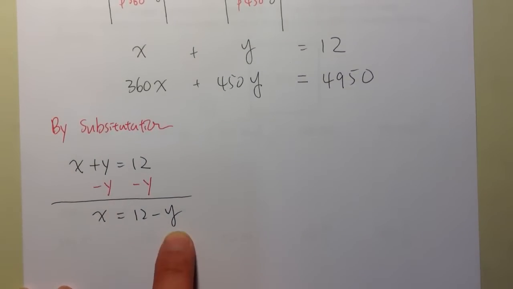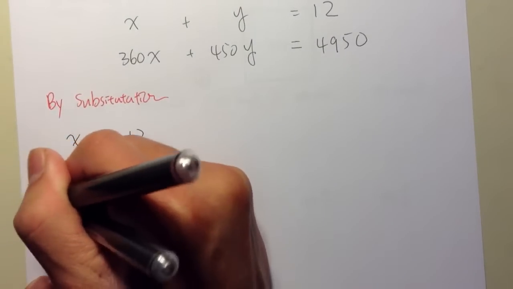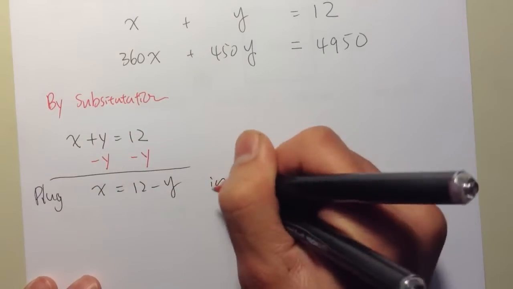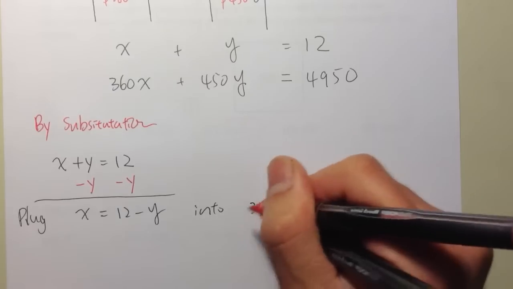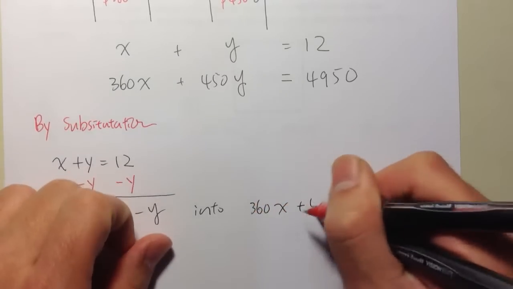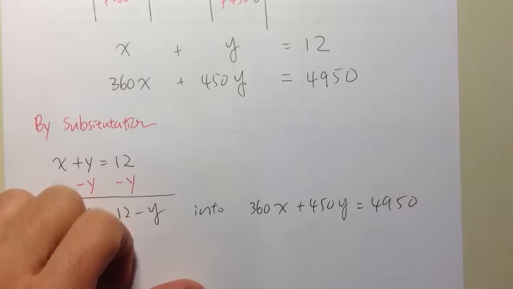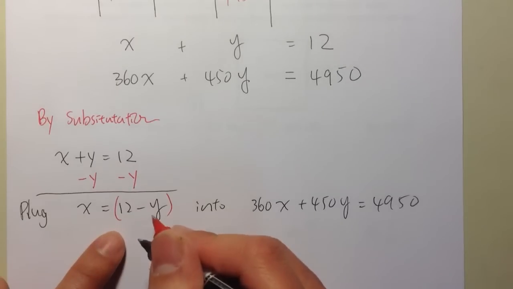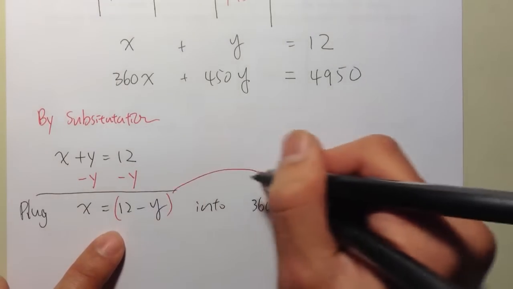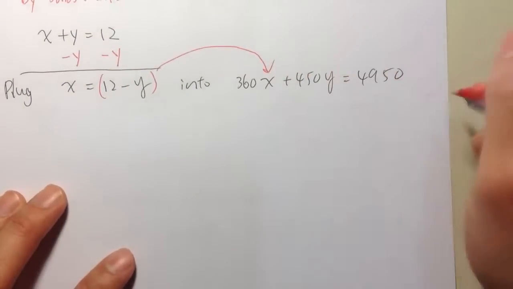I have the X by itself, right? And then what we can do is plug this into the second equation that we have, 360x plus 450y is equal to 4950. So I want to take this 12 minus y and plug it into this x. Why do we do that? Let's take a look.